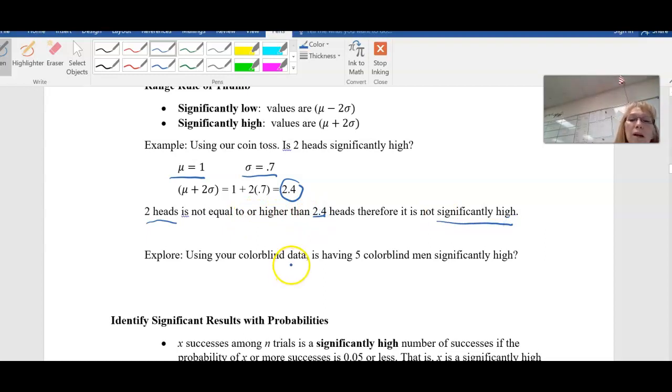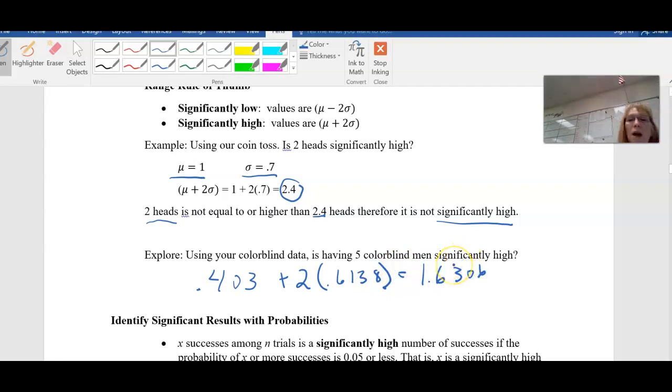Use your colorblind data: is having 5 colorblind men significantly high? Okay, pause and try that. You should have started with your mean, which is 0.403, sort of, plus 2 times your standard deviation, 0.6. If you just used 0.6, that would have been fine. You would have got 1.6306 or 1.6.